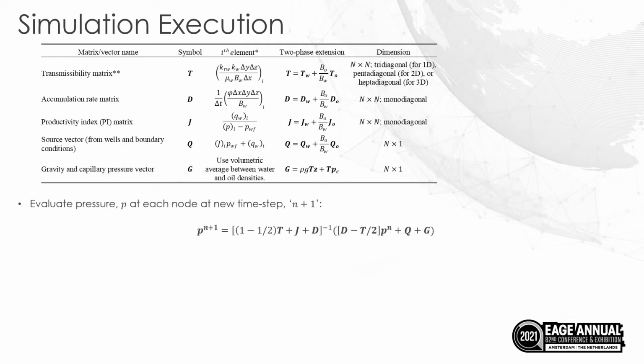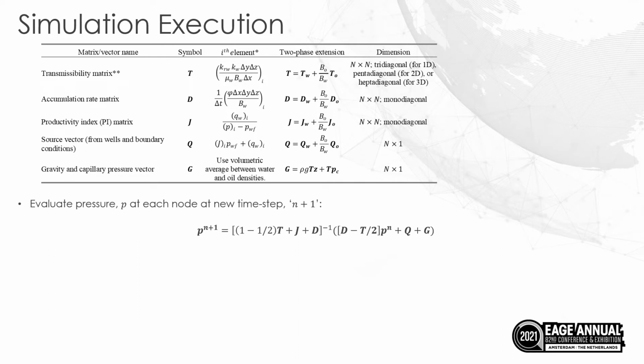At the first step of our simulation execution, we evaluate the pressure at each node for time step n+1 using the corresponding values at the previous time step n. And this is achieved by performing this equation with the matrices and vectors in bold.